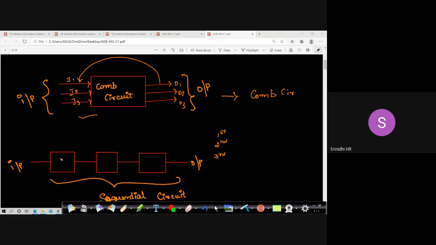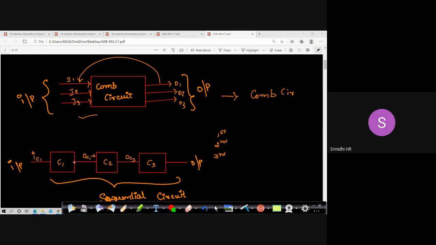Let us say this is my circuit C1, this is C2, this is C3. This is my input IC1, the input for circuit 1. The output of circuit 1, that is OC1, acts as input to circuit 2. The output of circuit 2 acts as input to circuit 3.